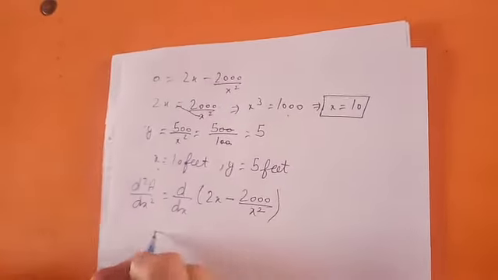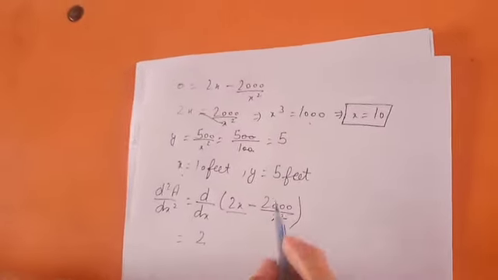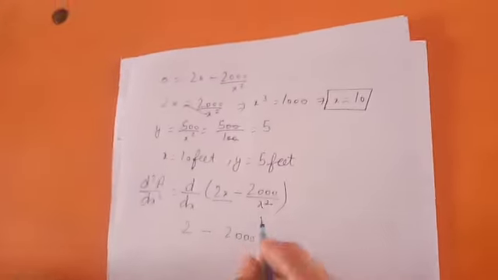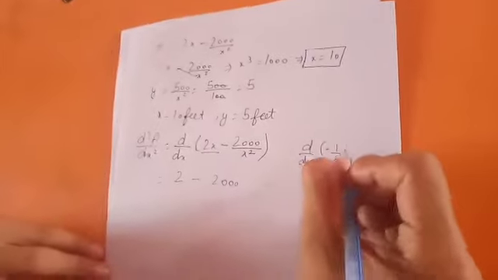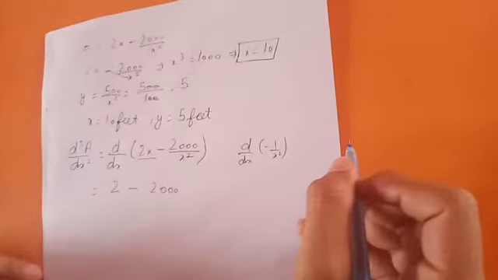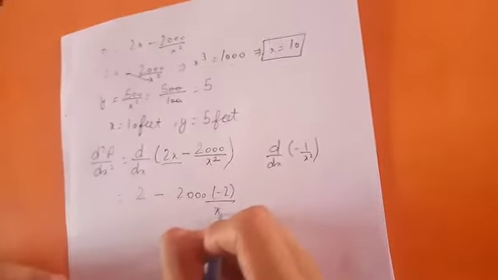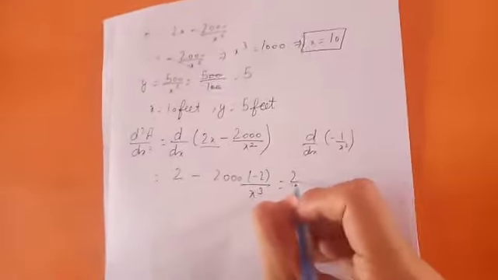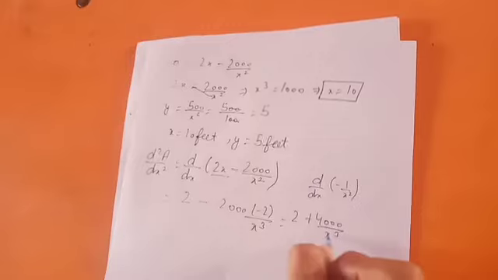Now its differentiation is 2 minus 2000 as it is, and the differentiation of 1 by x square is minus 2 by x cube. So at last I got 2 plus 4000 by x cube.